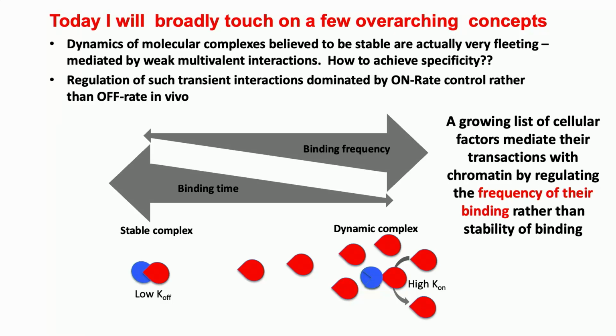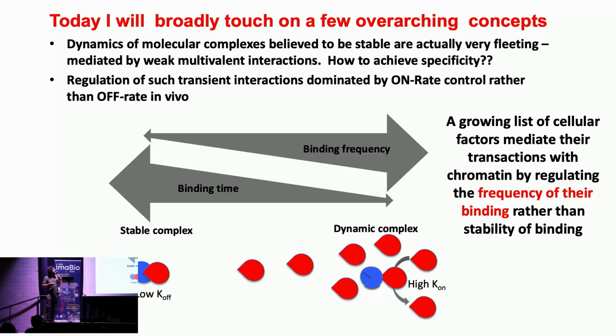So today I will broadly touch on a few overarching concepts. And it's really the idea of the dynamics of the molecular complexes that we believe to be stable, right?